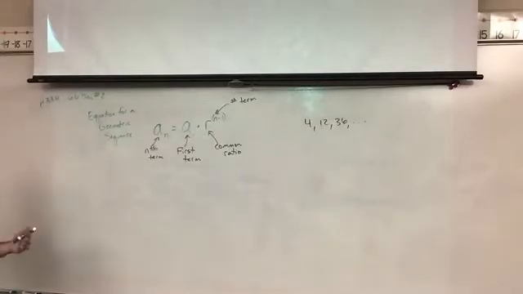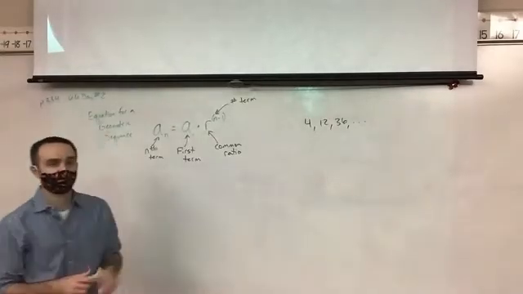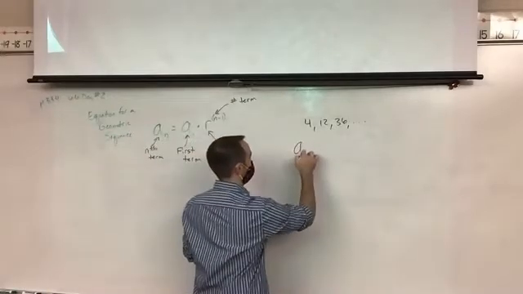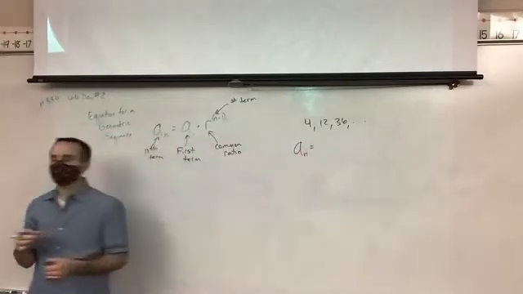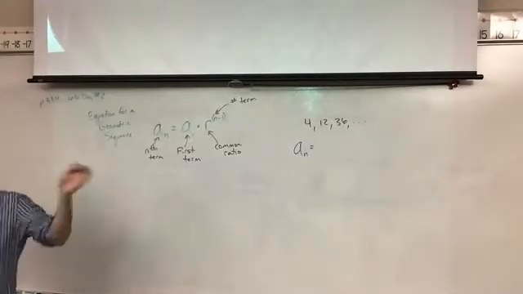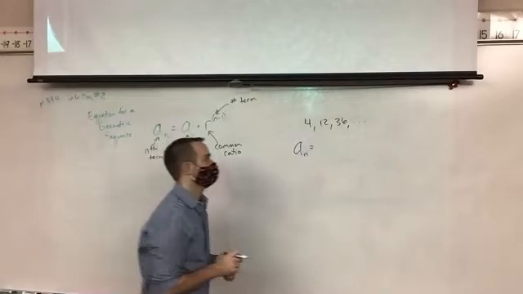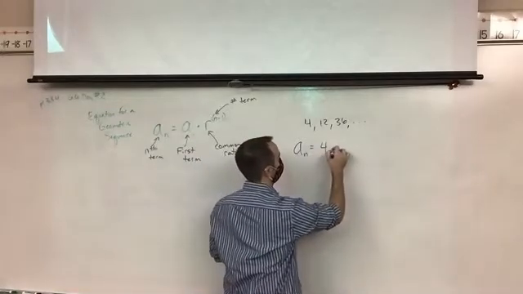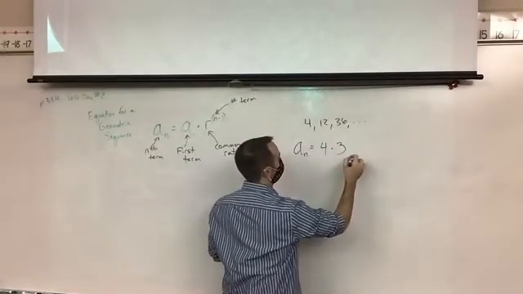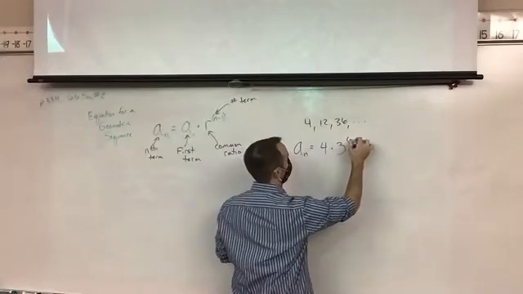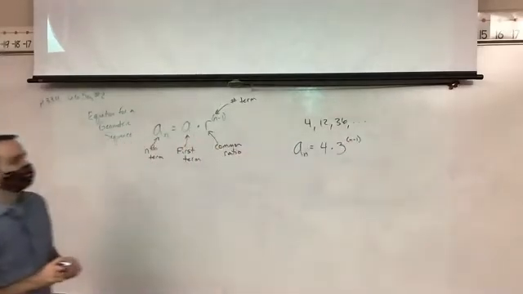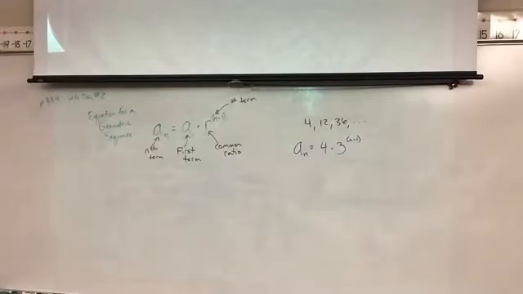So this is gonna be the first question most of the time on these problems, is just to create the equation, create the general form of the equation for the geometric sequence. So it's always gonna have the a sub n, and then what's it gonna equal? What do we have on the other side there? 4 times 3 to the n minus 1. And there are different ways you could write it. You could put parentheses around the 3 instead of having that dot there.